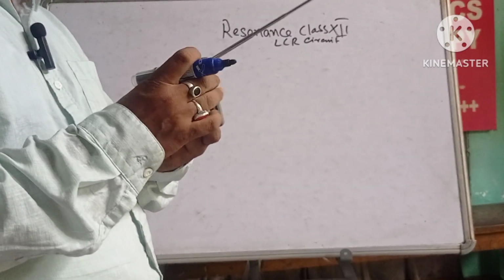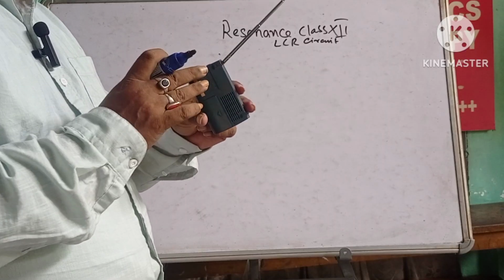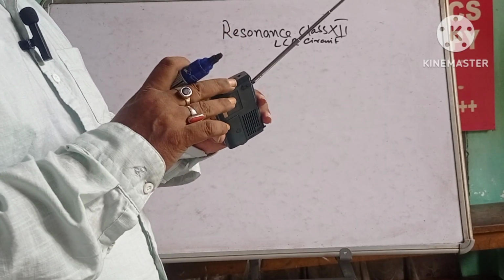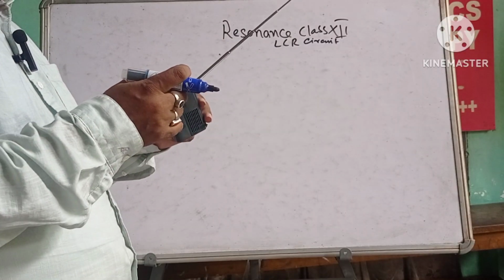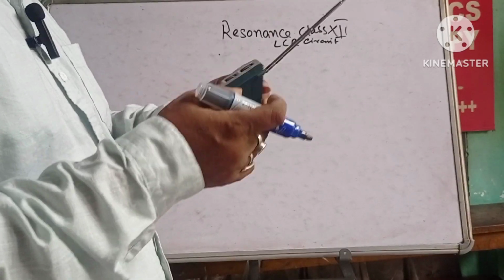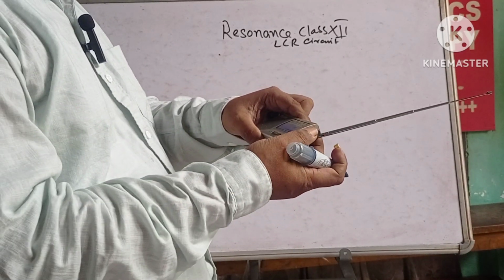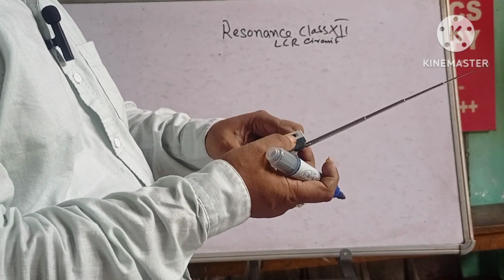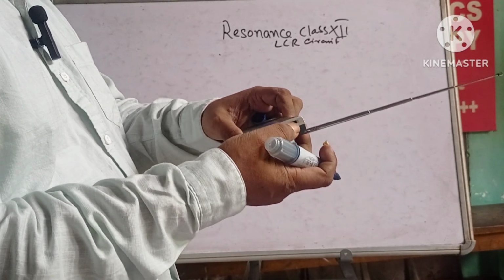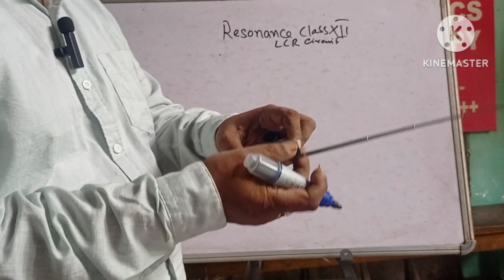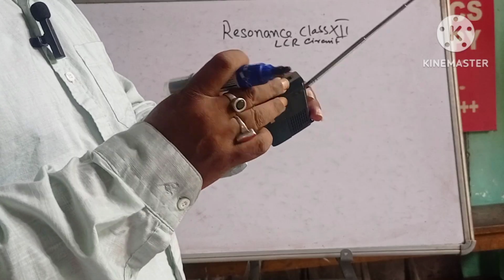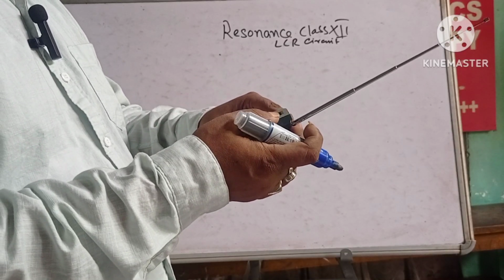Now it has an LCR circuit built inside, and by adjusting the capacitance of the capacitor, this tuning works. The tuning is done with a capacitor, by changing the area of the capacitor, and you can tune it.